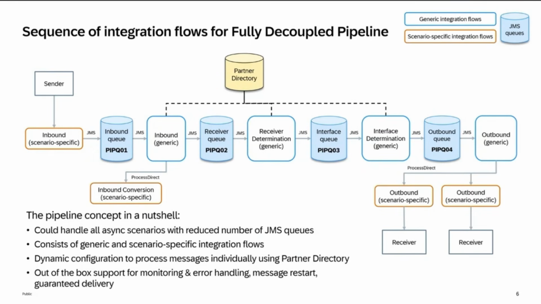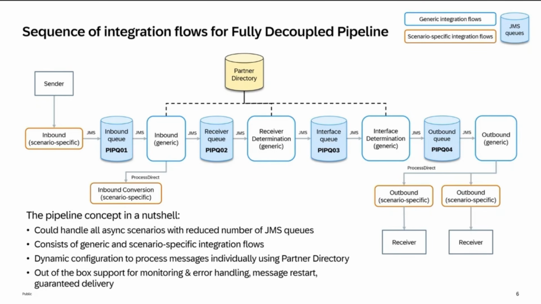So if a message comes in, then you have a scenario-specific inbound flow. And here, more or less, the sender adapter is scenario-specific, right? And then once the message comes in, you directly put this into the first queue, the inbound queue, and from there you then pick up the message.